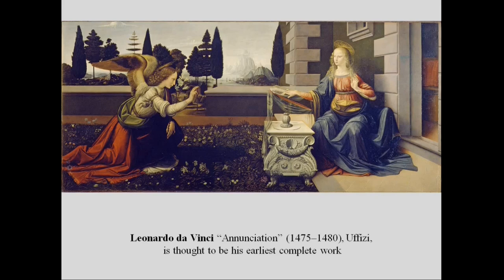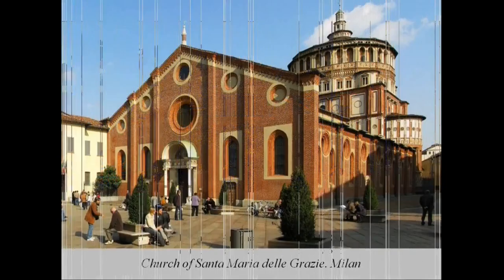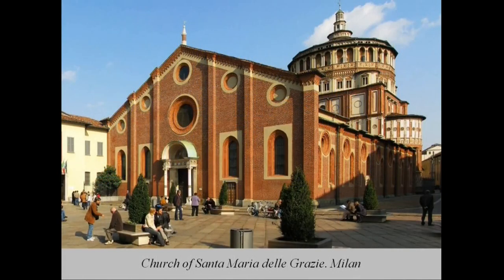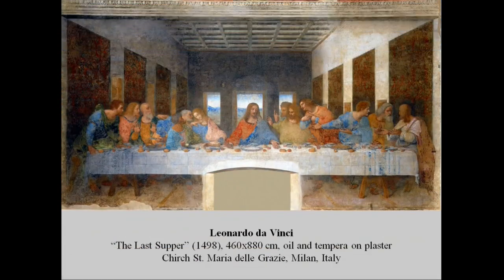strong monumental character. Another artwork that we are going to consider is located in the Church of Santa Maria delle Grazie in Milan. This is a typical basilica structure with a dome, but at the moment let's concentrate on the interior. This is the fresco Last Supper, painted by Leonardo in 1498.